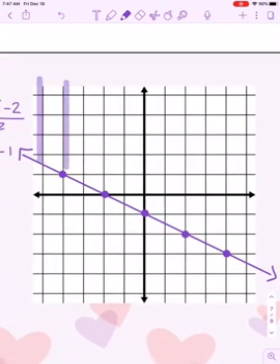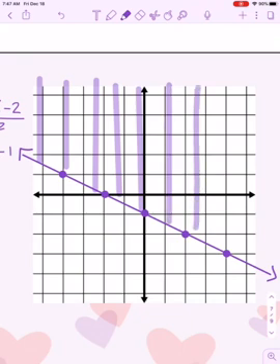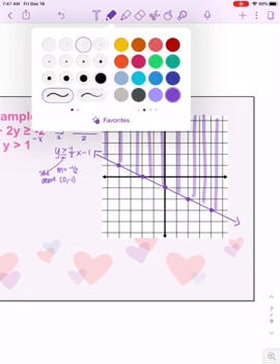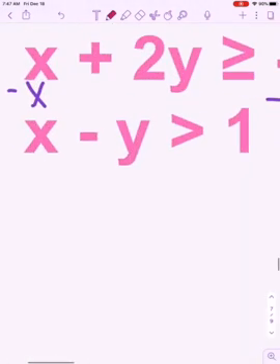And above, so above is going to be up here. I got impatient.